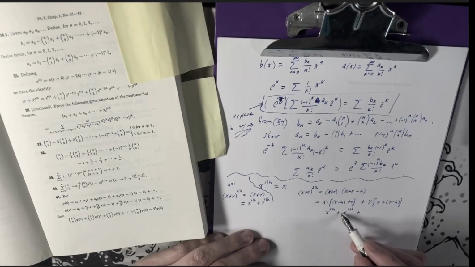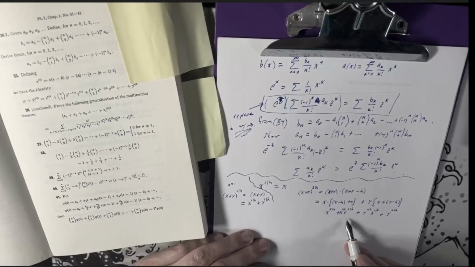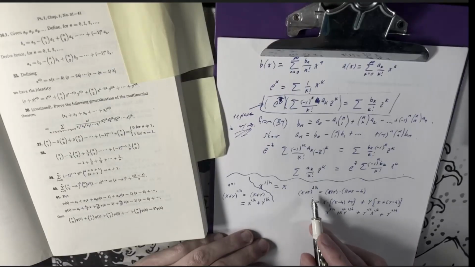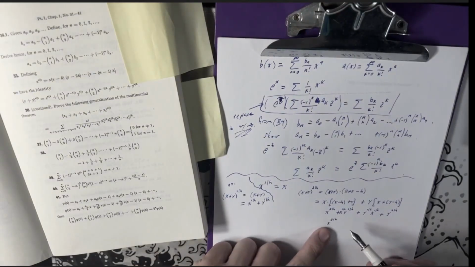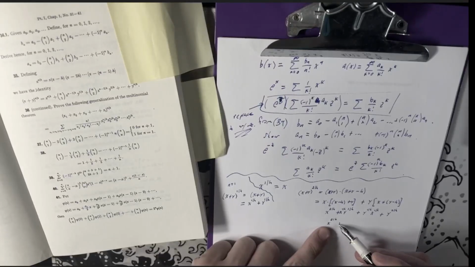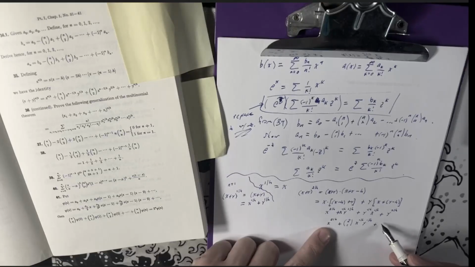So it's like x to the 1h times y to the 1h. And then over here I've got y to the 1h, x to the 1h, plus our y to the 2h. So it seems like it worked. n is 2 in this case, and we're getting 2 choose 0 plus 2 choose 1 times this term. So it obviously worked for n equals 2 as well. And then here we got 2 choose 2.